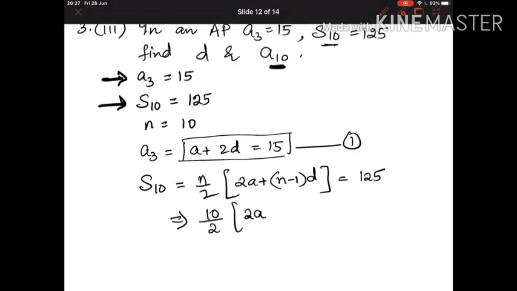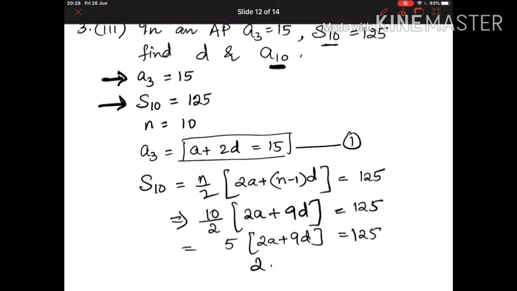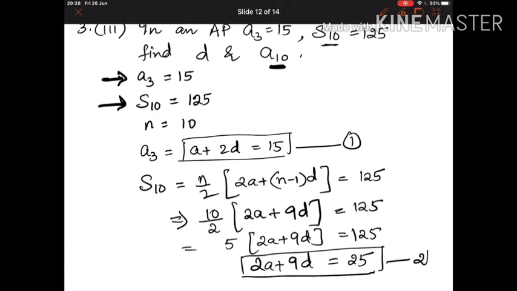Substituting n as 10, we get 10 upon 2 times (2a plus 9d) equal to 125, which is 5 times (2a plus 9d) equal to 125. So 2a plus 9d is equal to 25. This is the second equation.